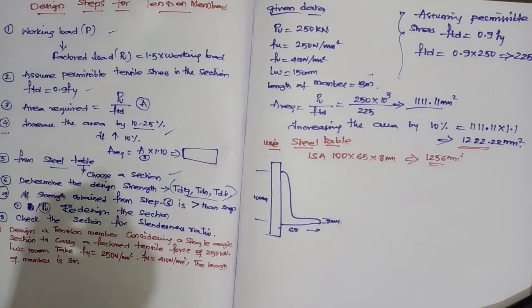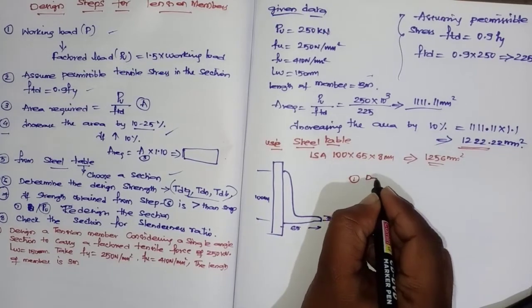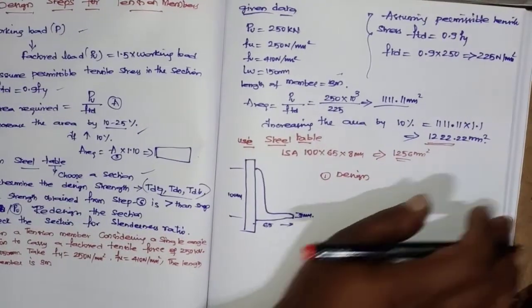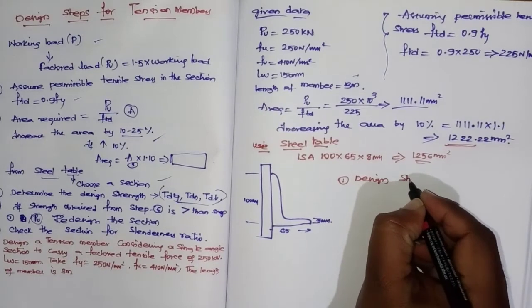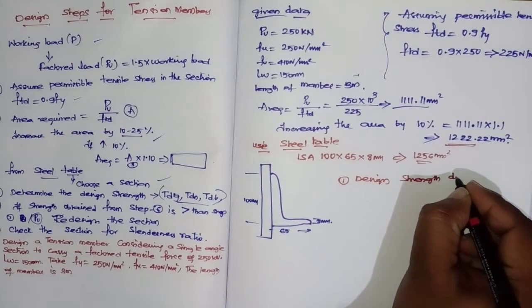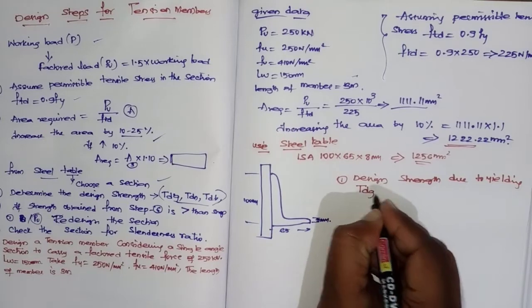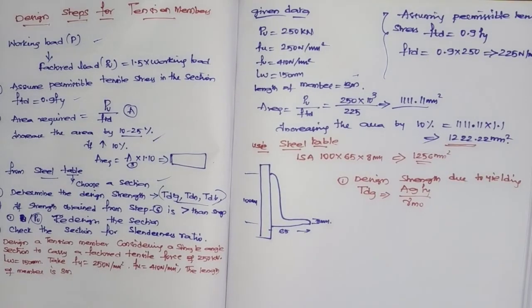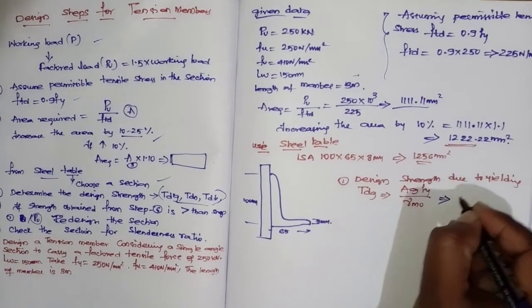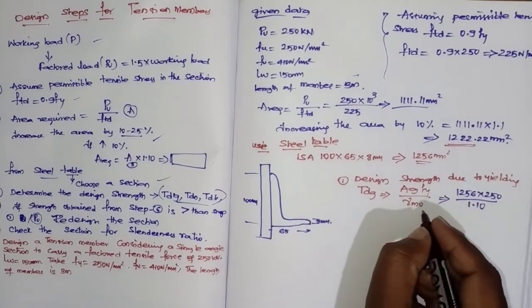First, the design strength of the section selected due to yielding of gross section, that is TDG, which equals Ag Fy by gamma m0. Now from the steel table Ag is already 1256, so 1256 into 250 divided by gamma m0, which is a standard value of 1.10.